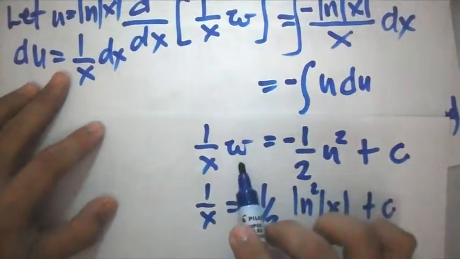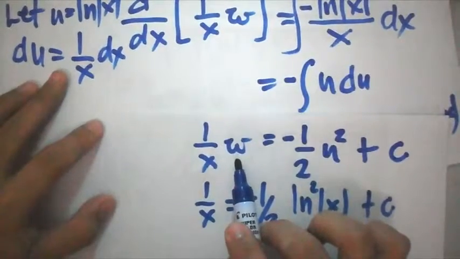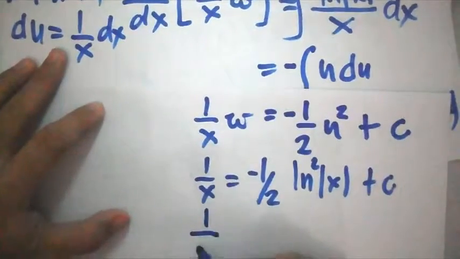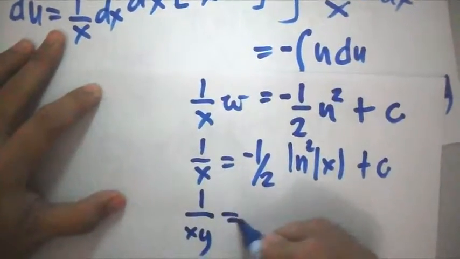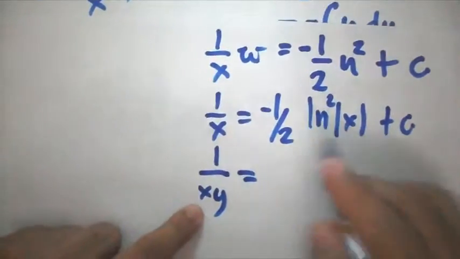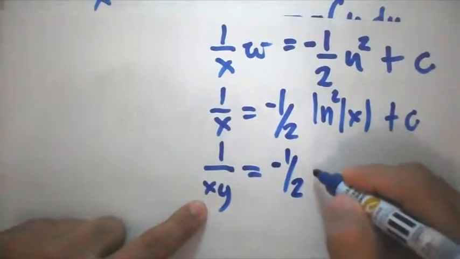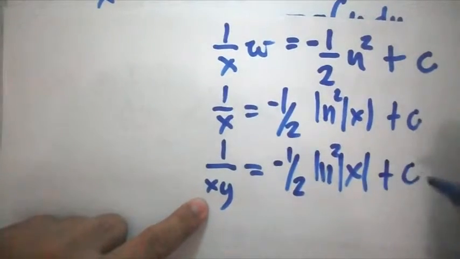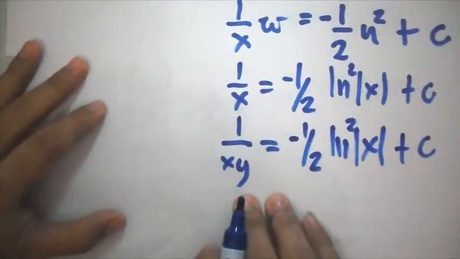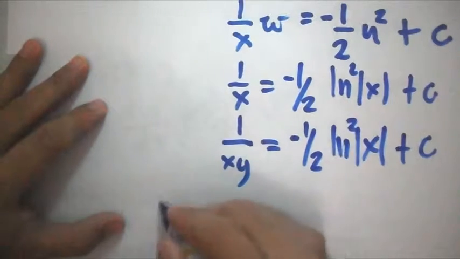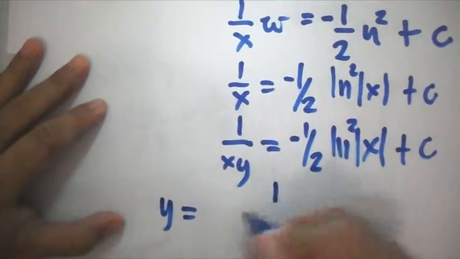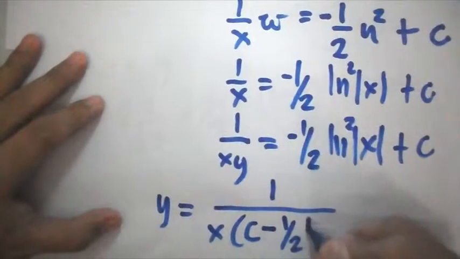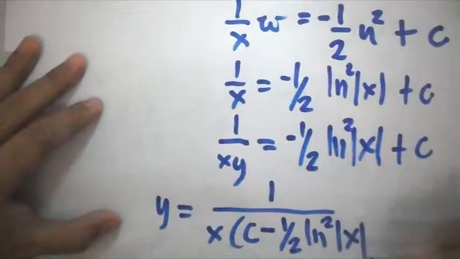Then since our w is equal to y to the power of negative 1, substituting, this becomes 1 over xy is equal to negative 1 half ln squared x plus c. Then to find y, our y now becomes y is equal to 1 over x times c minus 1 half ln squared x.